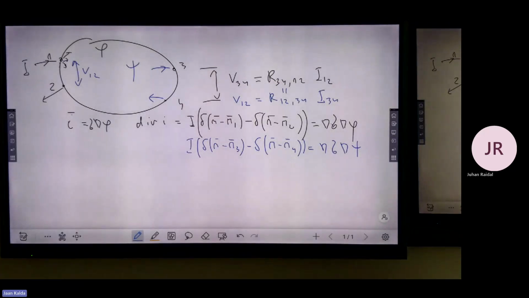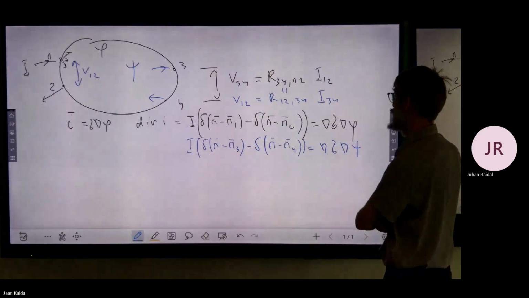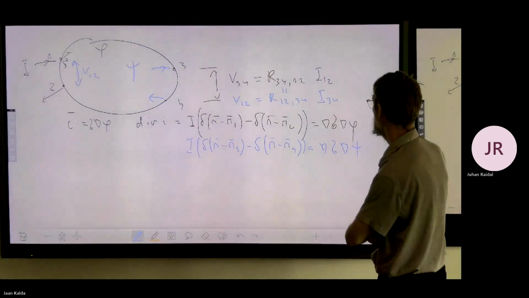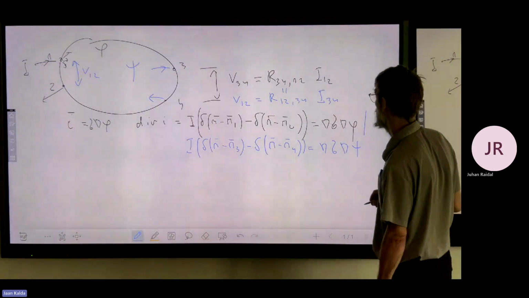Right? Two equations. Now what we do is multiply this one here by psi.